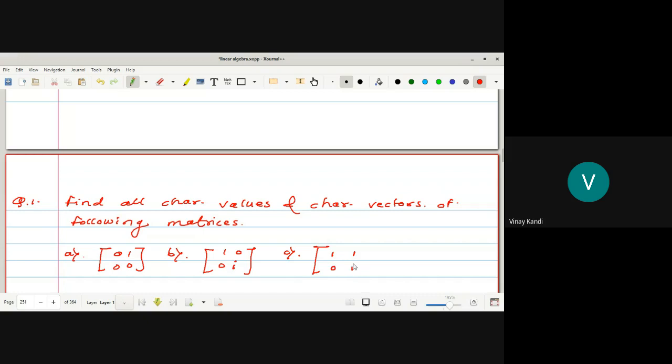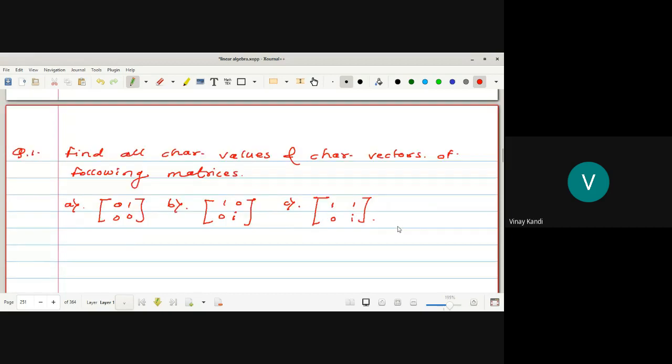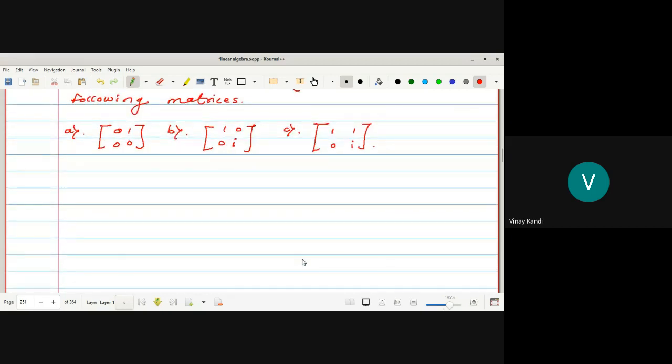So first one, matrix A is considered. A is equal to the matrix of order 2 cross 2, 0 1 0 0. How to find the characteristic polynomial for A?